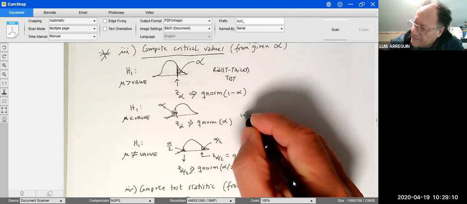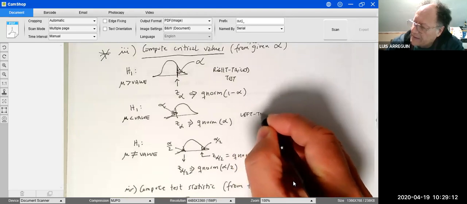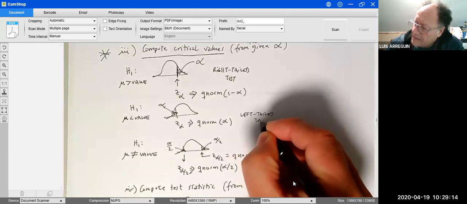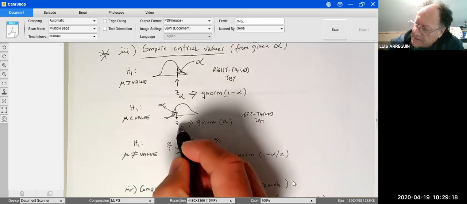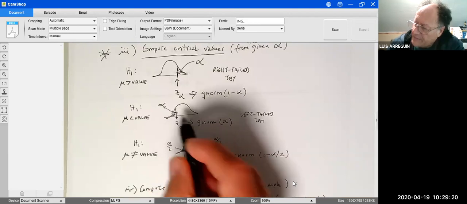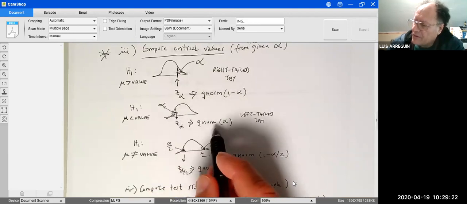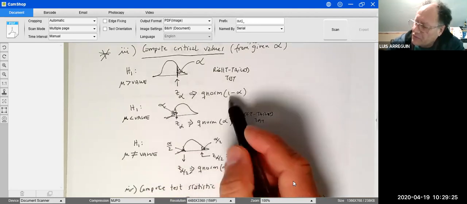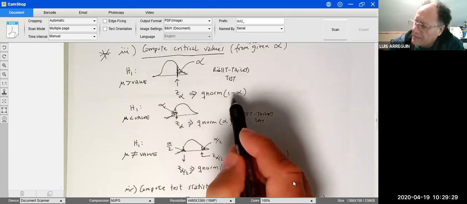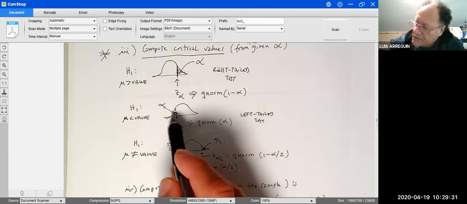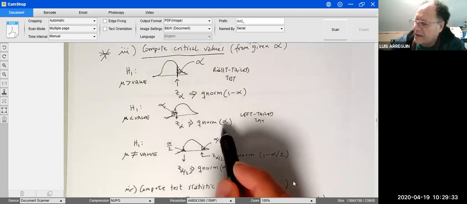Then you compute this z alpha based on this area alpha, and we just use qnorm of alpha. It's very similar to the previous one. If you are in the upper portion of the curve, you write 1 minus alpha. If you are in the lower portion of the curve, you just write alpha.